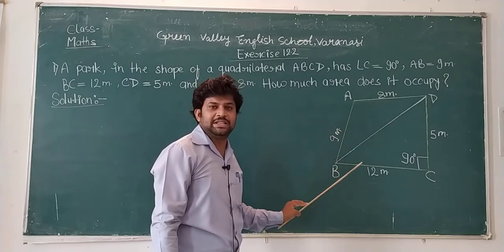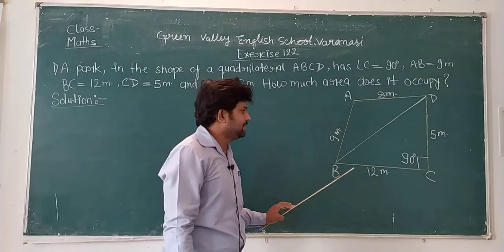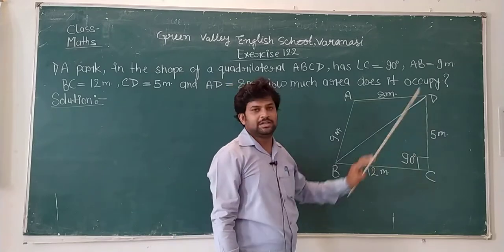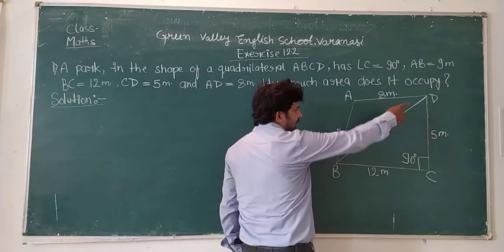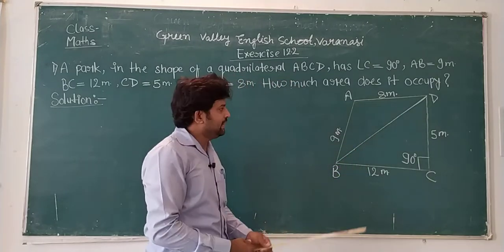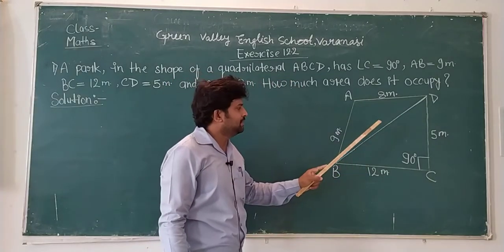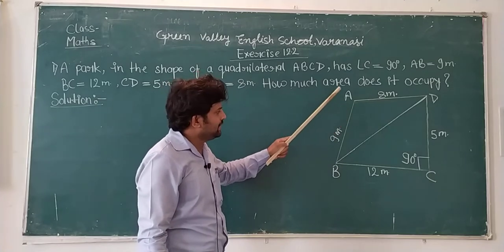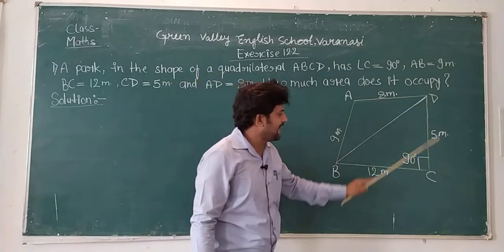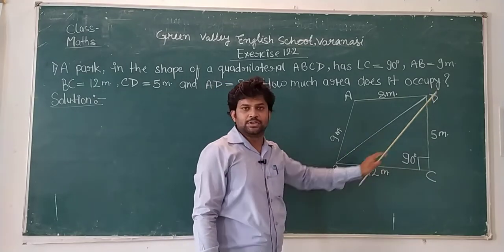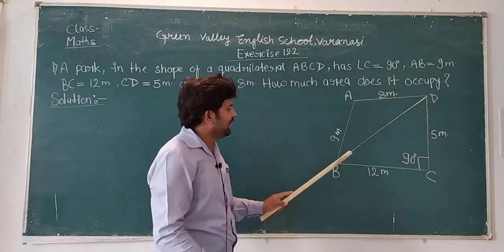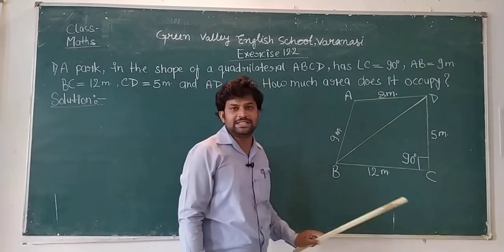BD is the hypotenuse of triangle BCD. When we get the length of BD, then we can easily find the area of triangle ABD and area of triangle CBD. So first of all we are going to find the length of BD, that is the hypotenuse.